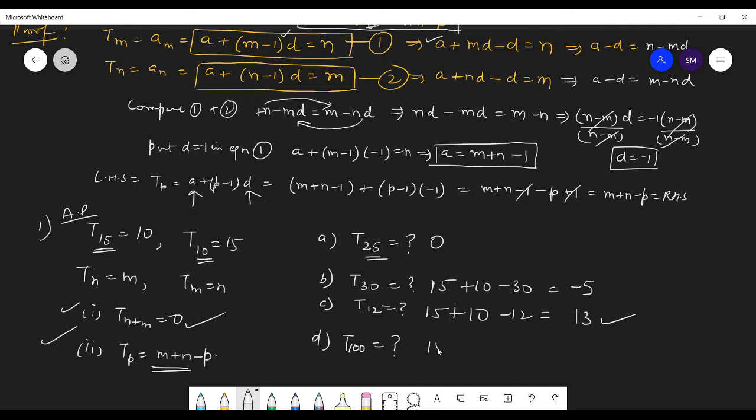Now tell me what will be the 100th term? Minus 75. Very good. So students, this is how the questions will come in competitive exams, so you are supposed to do the questions like this. It's very surprising if somebody asks you to find the 10,000th term.